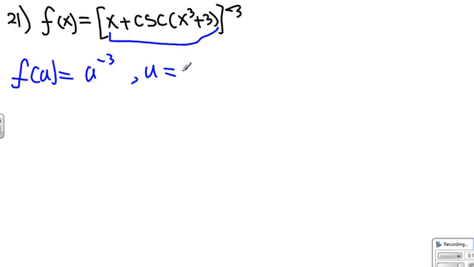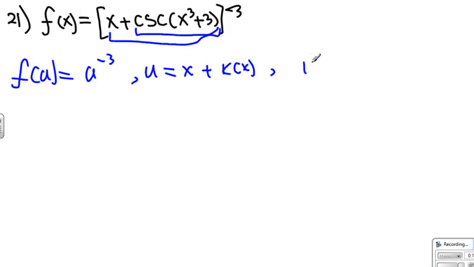Now u becomes x plus k of x, where this intermediate portion becomes k of x.